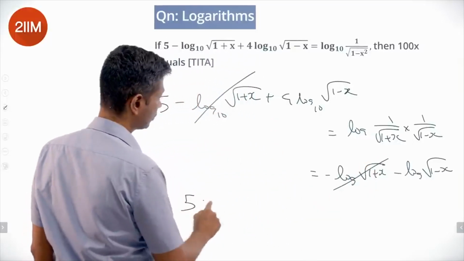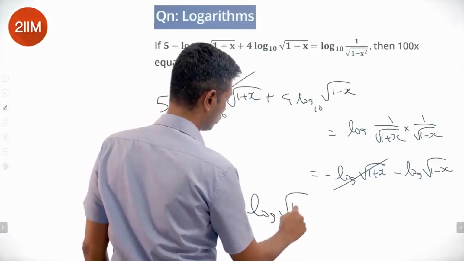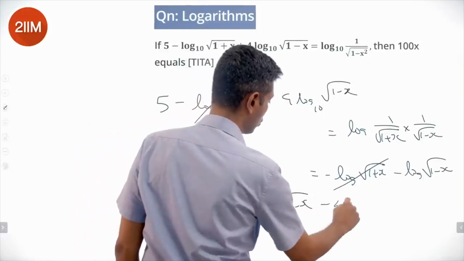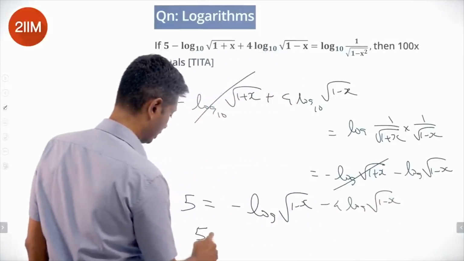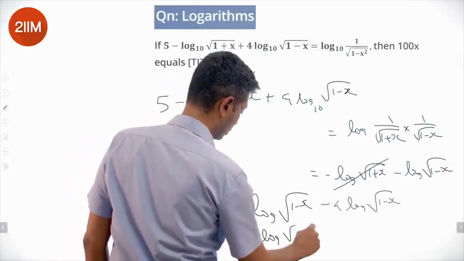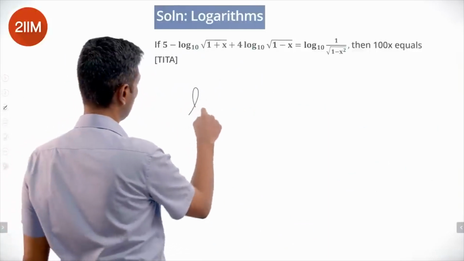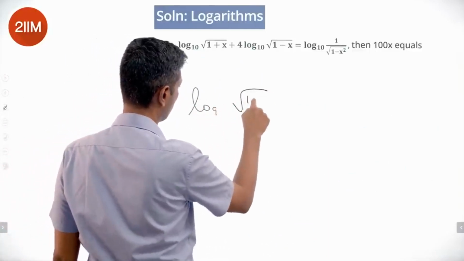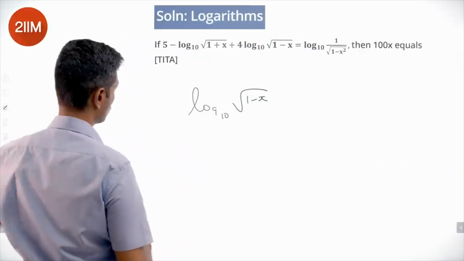Or 5 equals minus log square root of 1 minus x minus 4 log square root of 1 minus x. 5 equals minus 5 log of square root of 1 minus x, or log of square root of 1 minus x to the base 10 is minus 1.